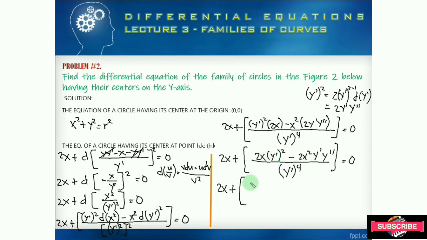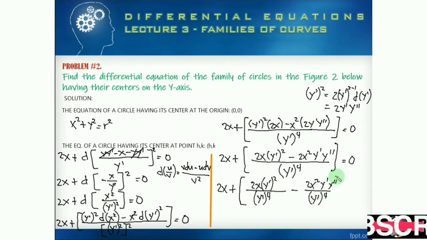So again, we have here 2x y prime squared, no, over this y prime to the fourth, okay, minus this quantity here 2x squared y prime y double prime all over this y prime raised now to the fourth, bracket is equal to 0, okay?